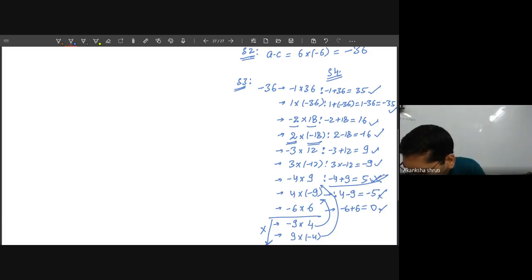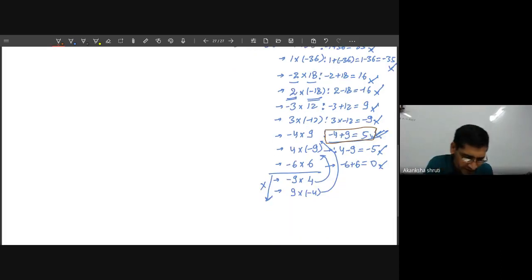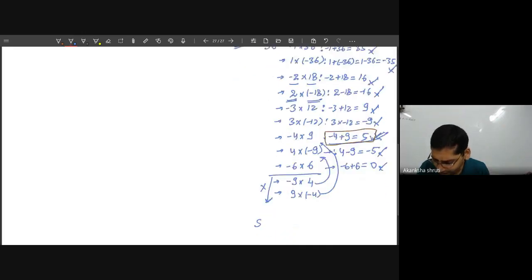So the others have to be cancelled or left as they are, and we have to take the factor which is giving us the B. This way we have searched and found that 5 can be replaced by minus 4 plus 9.